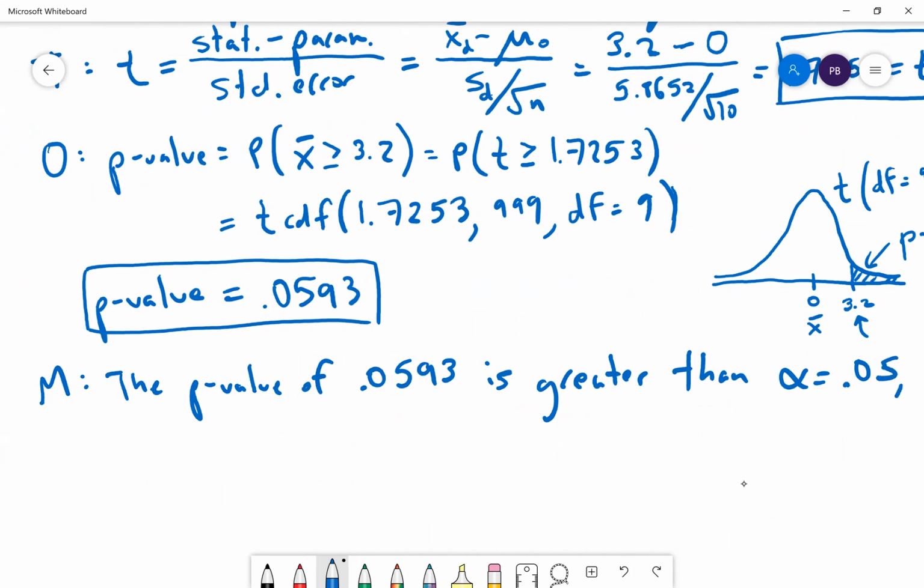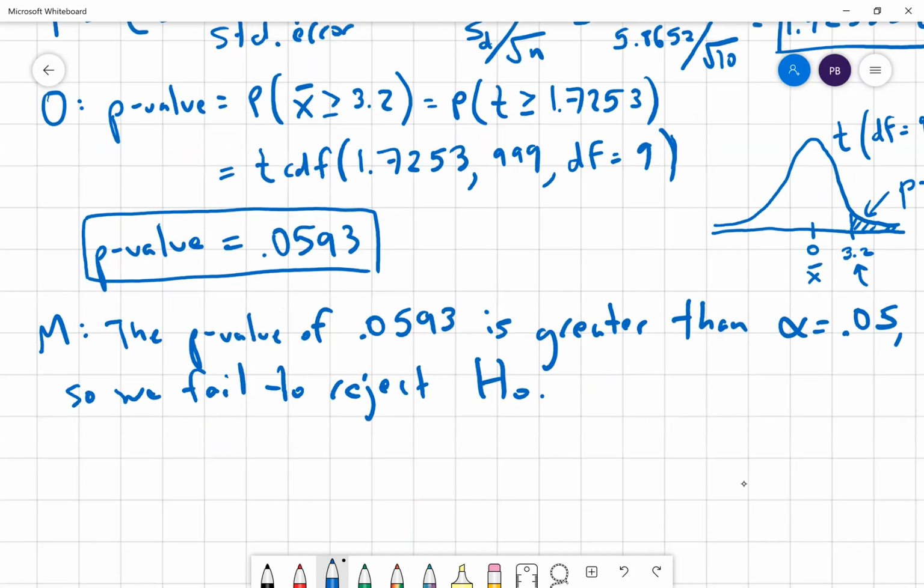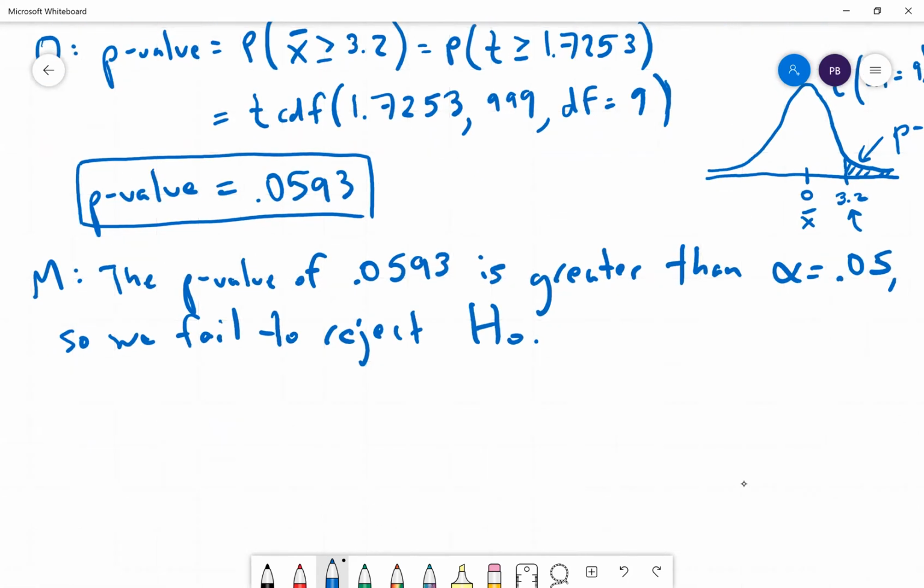And of course, when the p-value is greater than alpha, we fail to reject the null hypothesis. So if we fail to reject the null hypothesis, that means we do not have convincing evidence for the alternative hypothesis. So that's going to be our conclusion.